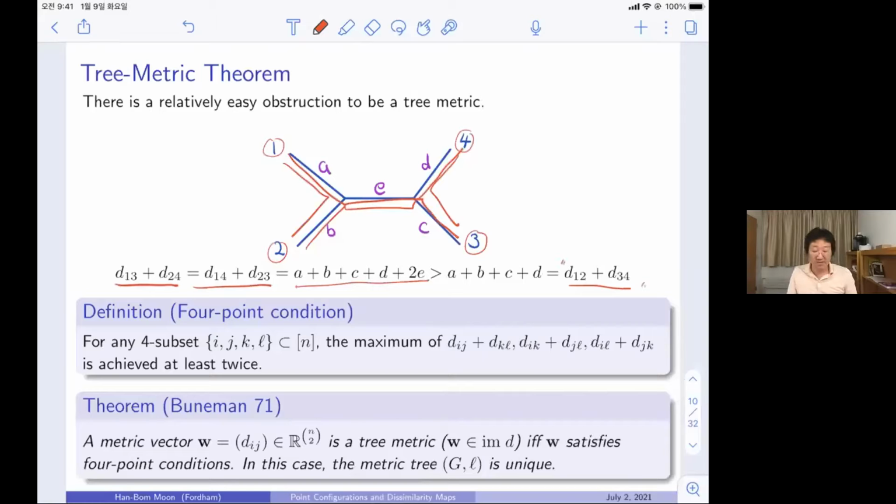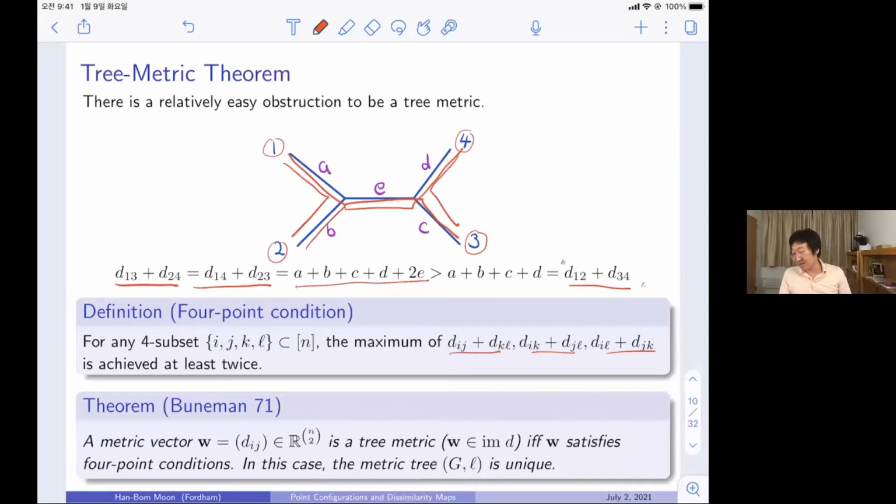So this is called the 4-point condition. For any 4 subset of leaves, we can compute these 3 quantities, then the maximum of these 3 quantities must appear at least twice. So this is a very easy obstruction to being a tree metric among arbitrary metrics on a finite set.